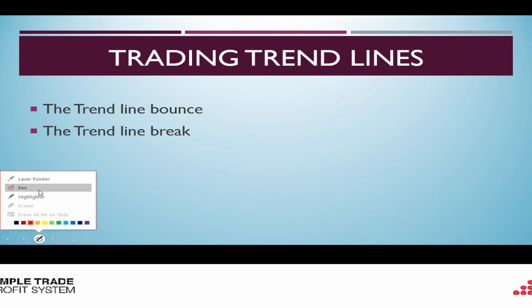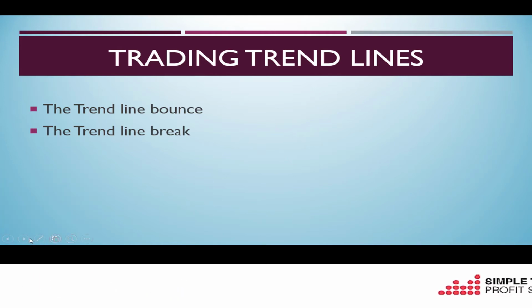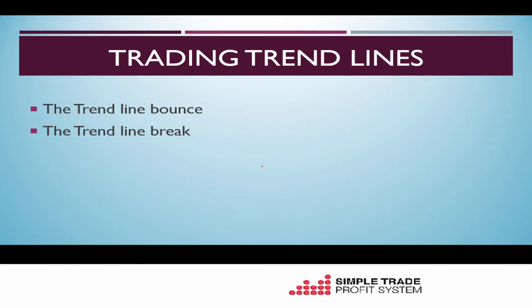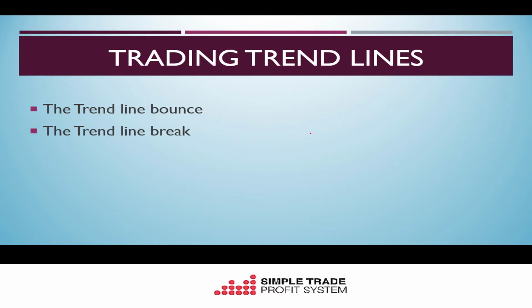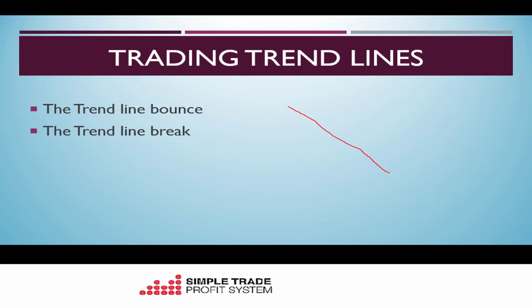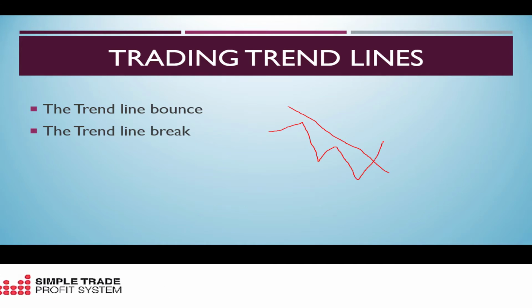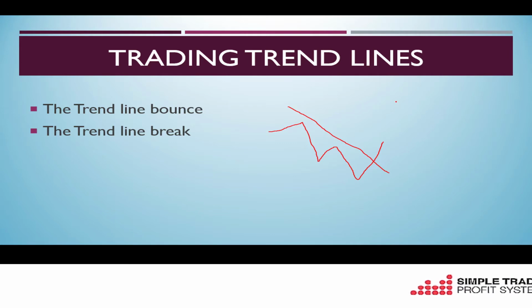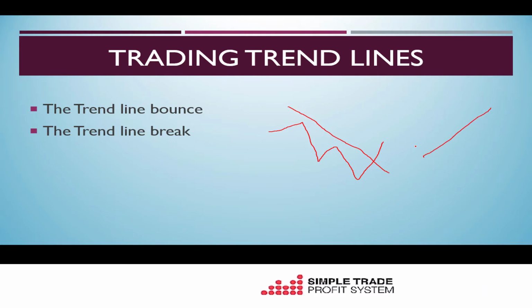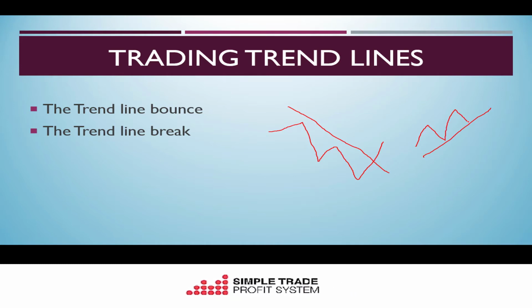But basically what that means is, let me get my pen out here. If we have a trend going down, prices doing this, once it breaks it, you can put your buy in here, or the opposite way if it's trending up and it's bouncing off.